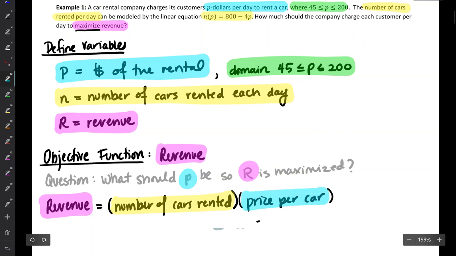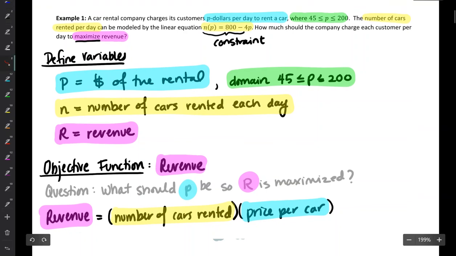Now, this was our very first problem, and my constraint equation is given to me. Okay, and let's just see that this makes sense. The number of cars that we can rent would be the maximum, 800, right?